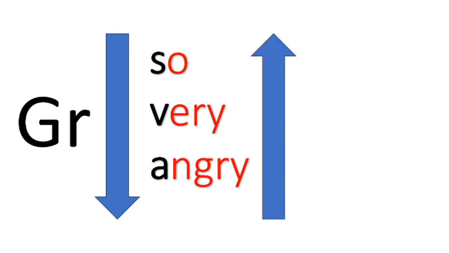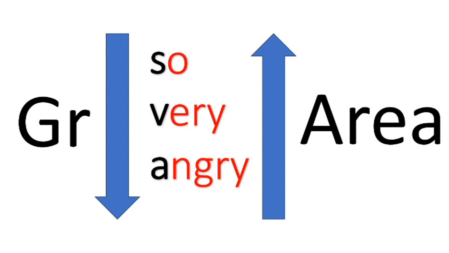So we're growling and pointing down. We're so very angry. And we're upset pointing up for the way you have left this area. All right, so we're growling, we're pointing down, so very angry and upset about the state of the area. And there you have it, Gersavaria.